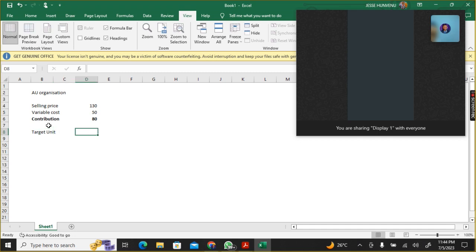The formula is what? It is target contribution over unit contribution.